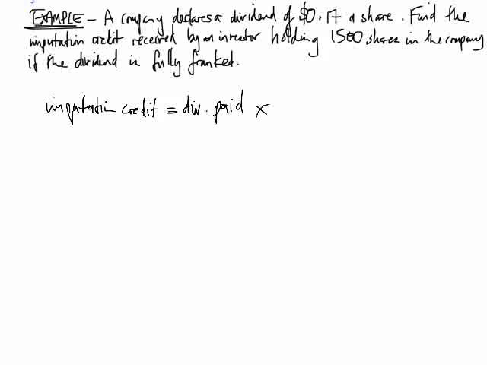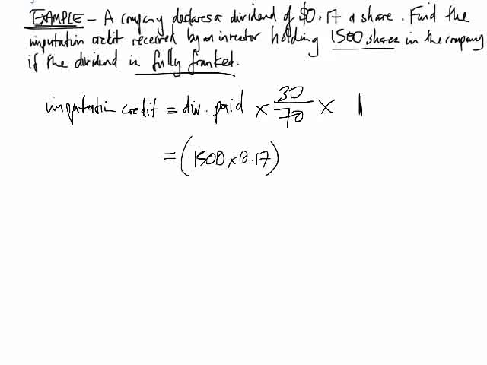It's times by 30 over 70 times by, here it's fully franked, which means 100%, it's going to be times by 1. Dividend paid is the number of shares they have times by the dividend per share. So it would be 1,500 times by 0.17 in brackets, times by 30 over 70, times by 1.